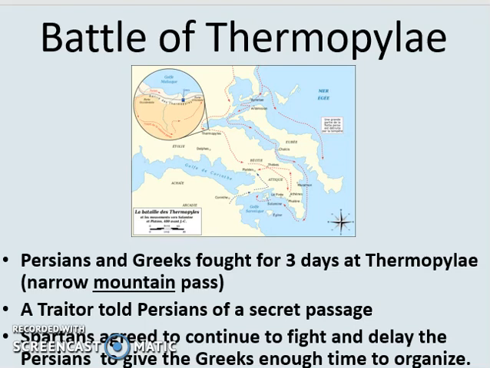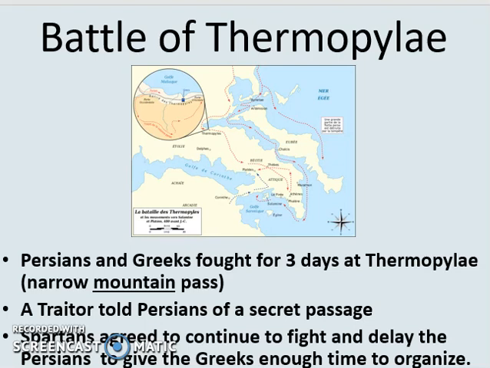It kept the Persians from being able to attack all at once. Instead, there was only one line of fighters that could attack at a time. Unfortunately for the Greeks, a traitor did tell the Persians of a secret passage that allowed them to surround the Spartans and the other soldiers fighting for the Greeks.